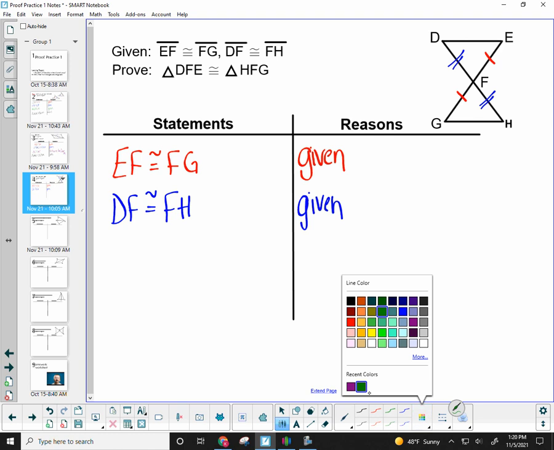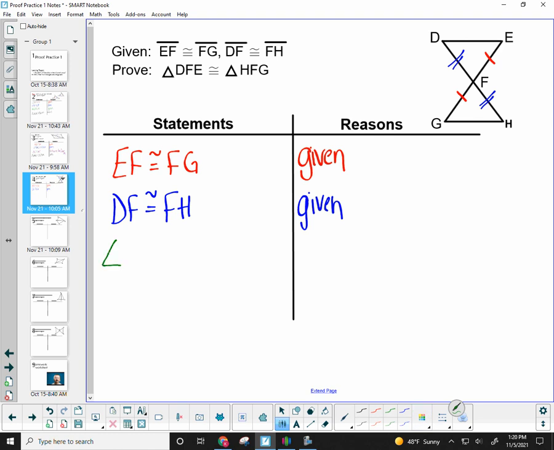We have that angle at F, right? So these two angles here we know are going to have to be congruent, but be careful, we can't just call it angle F, because there are a lot of angles happening at the vertex of F. So we have angle DFE is congruent to angle HFG.